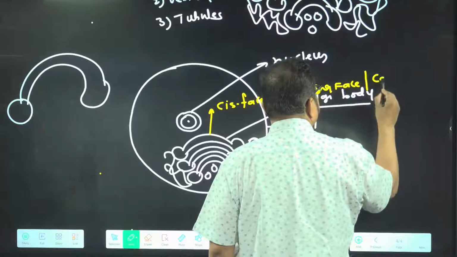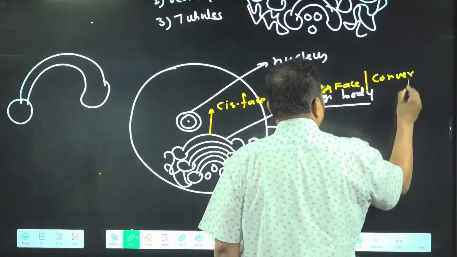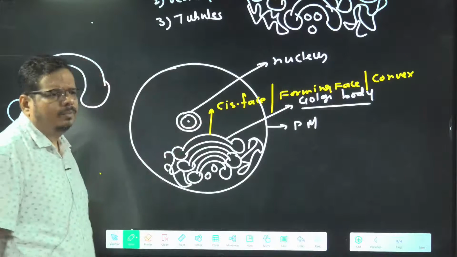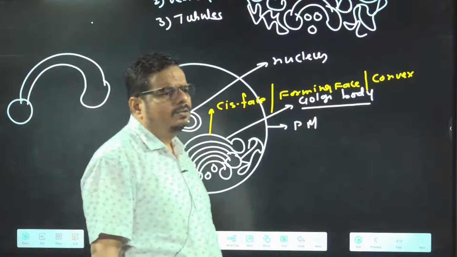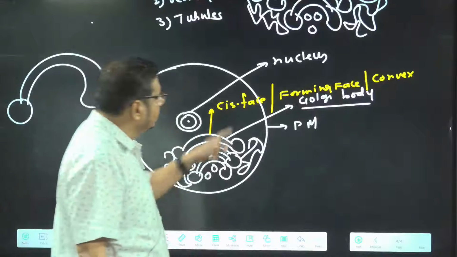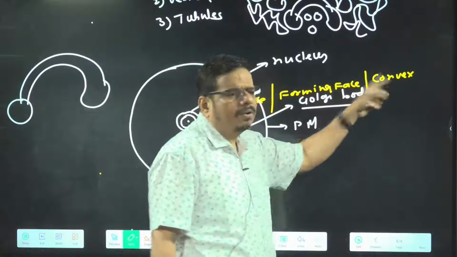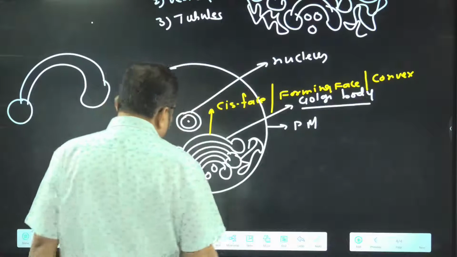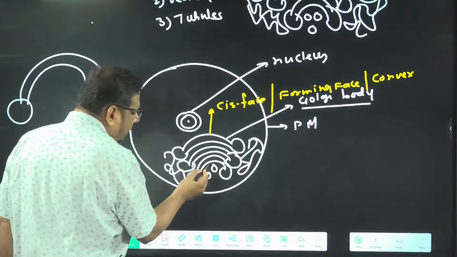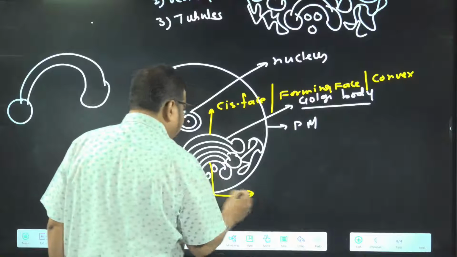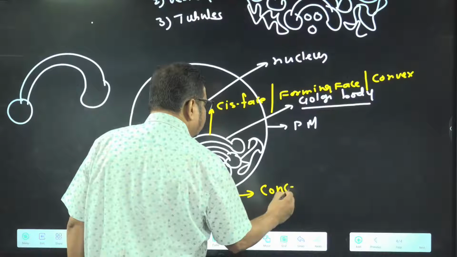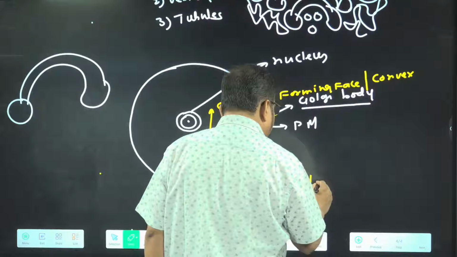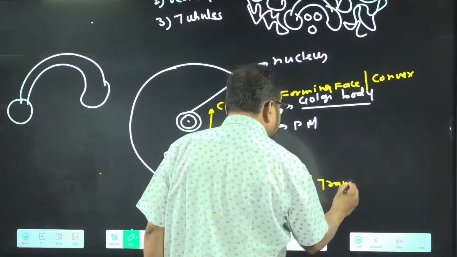It is convex. So the convex side of the Golgi body is present toward the nucleus. This is called cis face, forming face or convex face. Getting the idea? And the concave face of the Golgi body, which is toward plasma membrane, is also called maturing face or trans face.